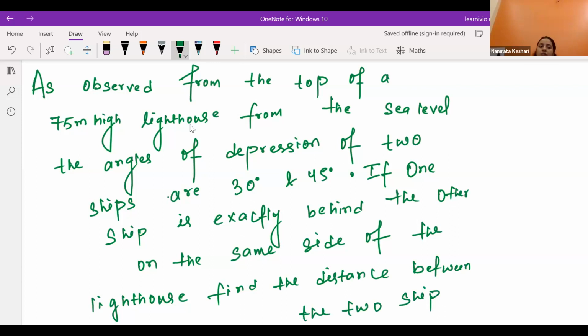Okay, let's draw the figure. Can you tell me what a lighthouse is? Anyone?